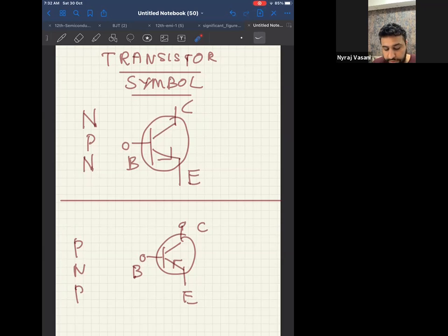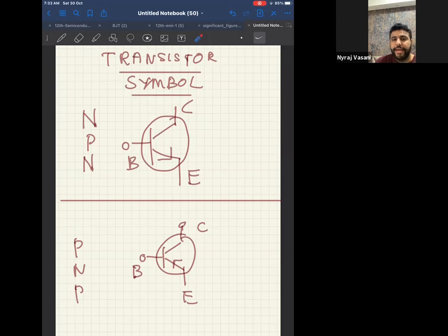Once you finish, put a dot, then I'll give you one statement below. Finished?